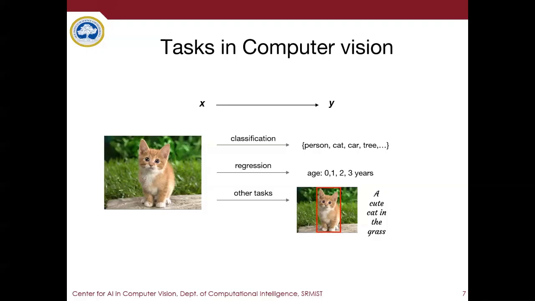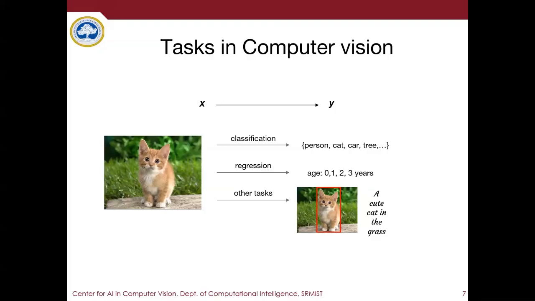And regression: what is regression for us? You are predicting a numerical value, based on a previous value. And tracking, localization, so many tasks are there.